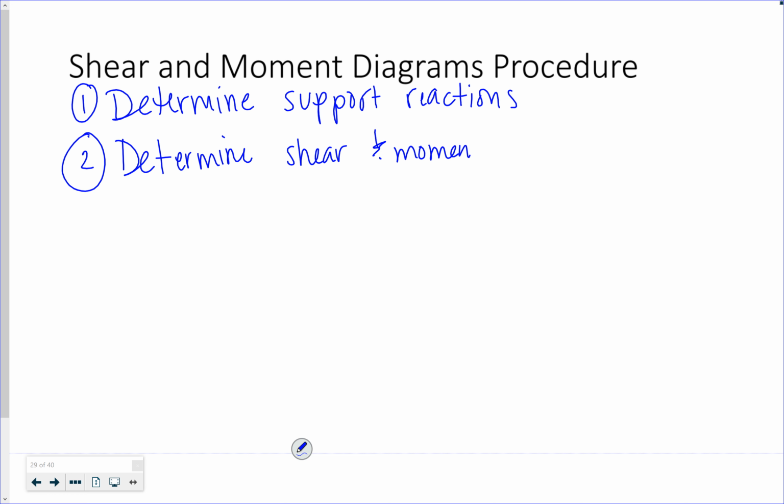So if we want to draw a shear moment diagram, determine our support reactions, determine shear and moment functions like we talked about previously along the length of the beam.